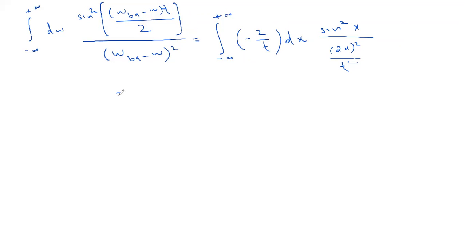So by keeping all the constants out of the integral, 2 over t, minus infinity to plus infinity dx sine square x over x square.